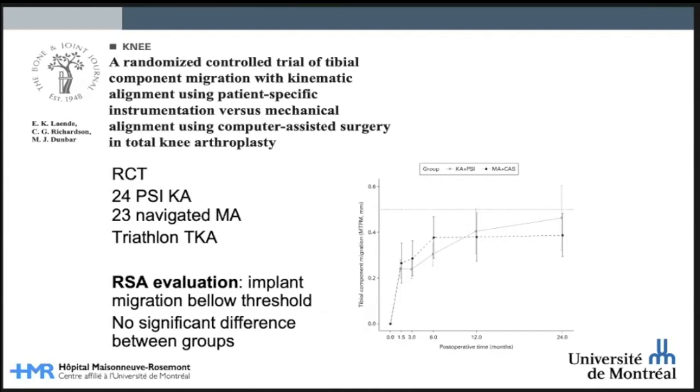These results are reassuring and also very promising for the kinematic alignment technique.